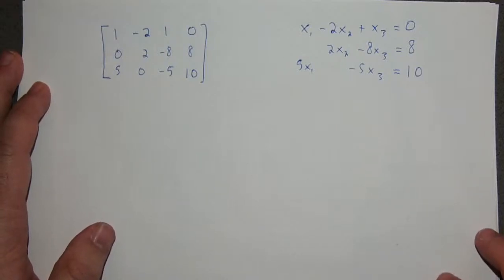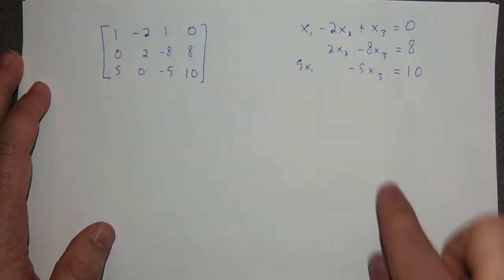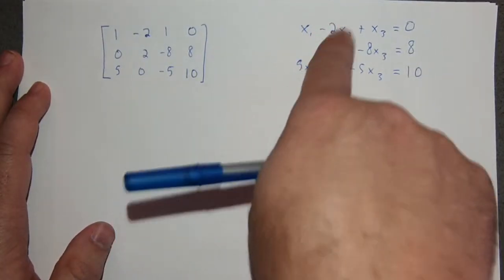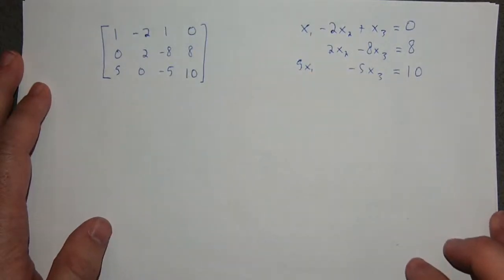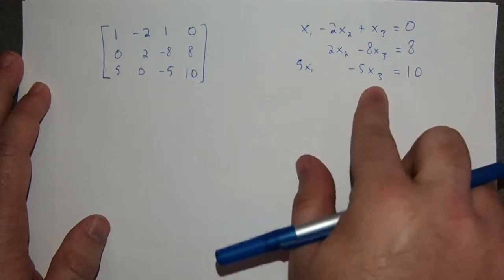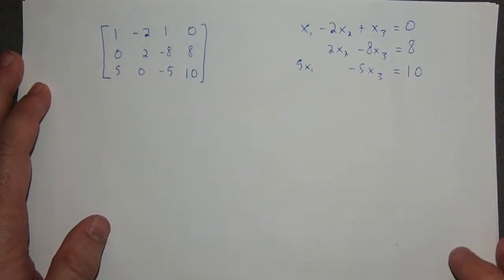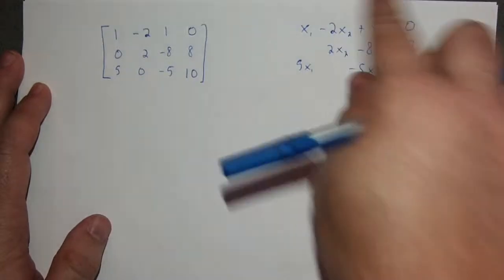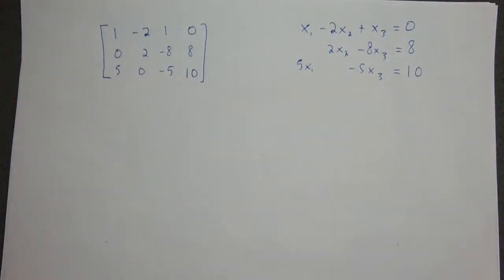The idea with Gaussian elimination was you used algebra to judiciously get rid of some of these variables one at a time until you took one of these equations to an equation involving only a single variable, which you could then solve because these are linear equations. So you could solve that single variable linear equation for one of the variables, and then you could back substitute into the other equations to be done, right? That was the ultimate goal.